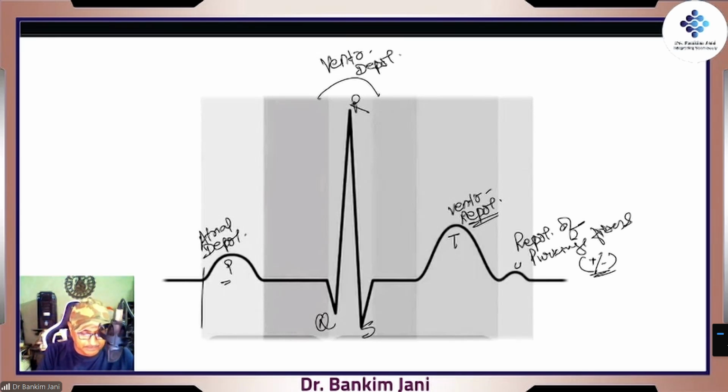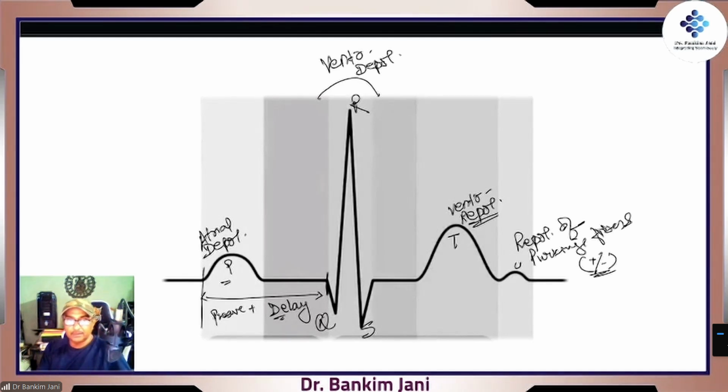So here the P wave starts. All the way from P to Q, this is the phase. This is the P wave plus the delay. This is the delay. It means the current, at this point of time, during that delay, is waiting at the AV node. Later on, we'll see how it can really generate that delay, which type of channels will be working, the slow channels, so that it can generate that delay.